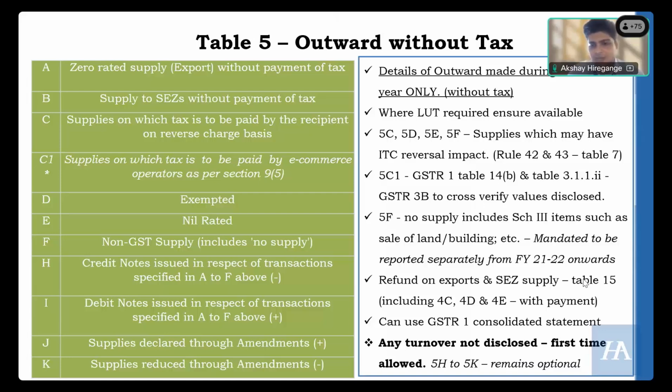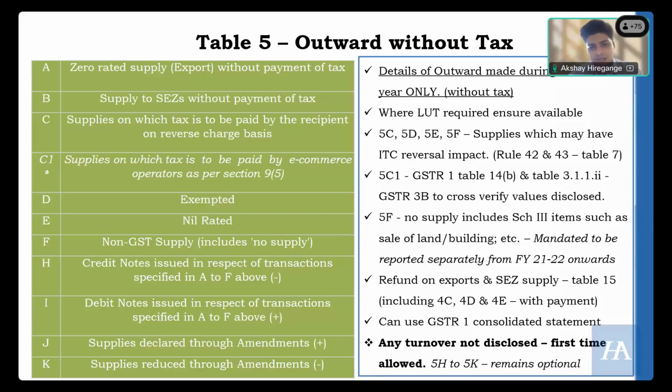To this extent, while filing GSTR 9 of 22-23, it would have been disclosed in table 10 and 11 of the GSTR 9. To this extent, we must ensure that such transactions are not disclosed in table 4 and table 5 because they are not of this financial year. What is the impact?